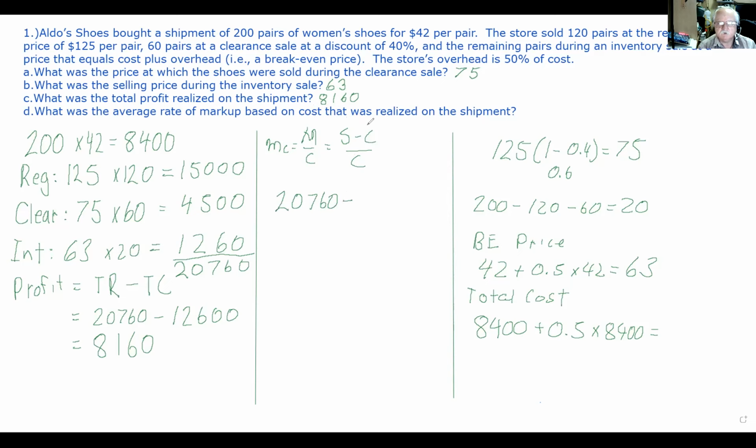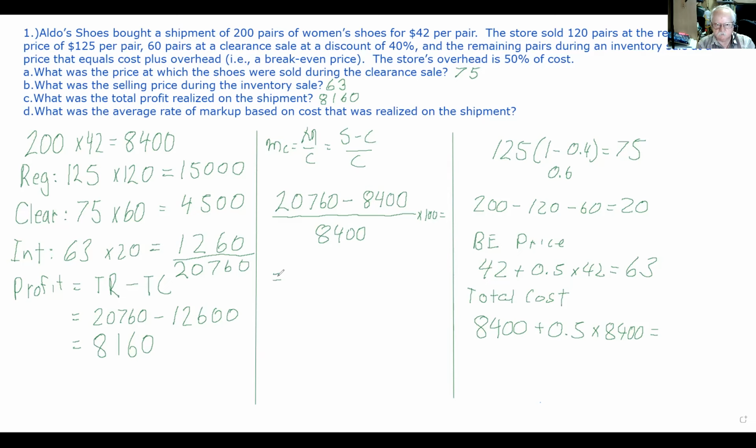But cost, this isn't total cost. This is where this question is a little tricky. We can't put in the 12,600. We're only putting in the 8,400 because our definition here says cost, not total cost. And this is going to be divided by 8,400. We're going to go times 100 to turn it into a percentage and see what we get.